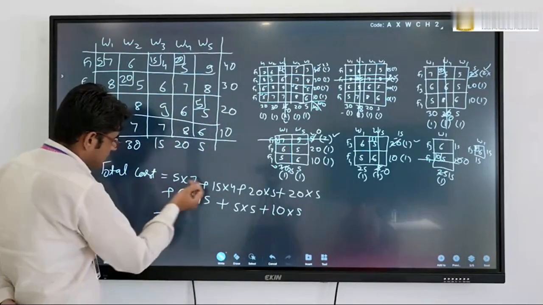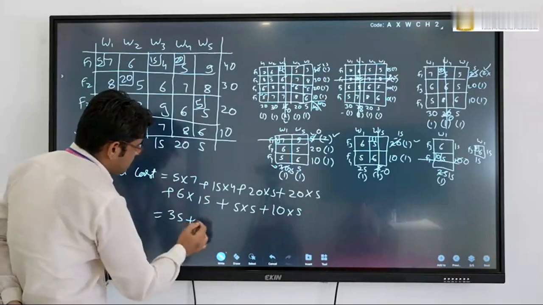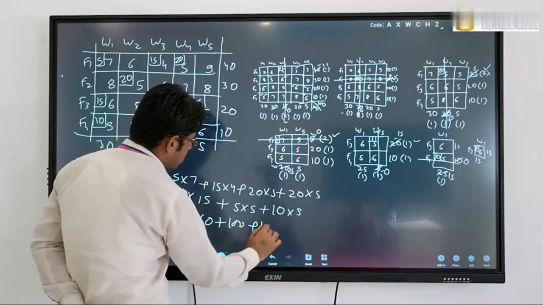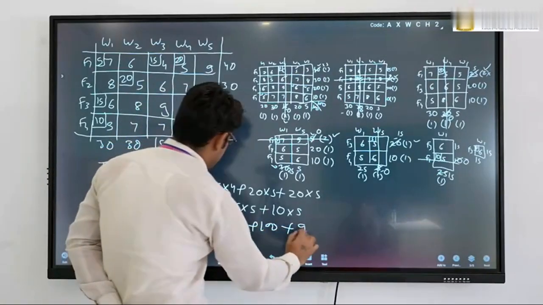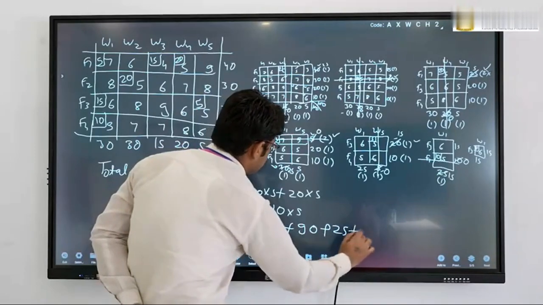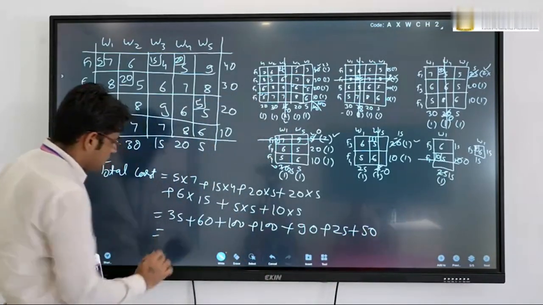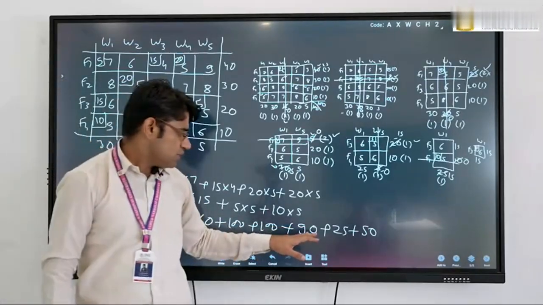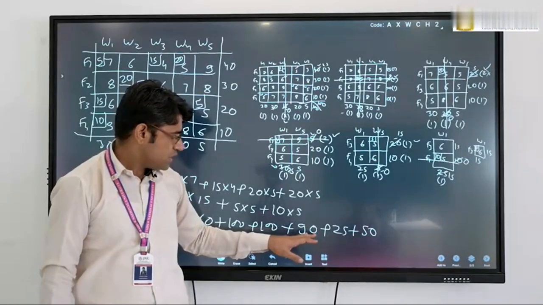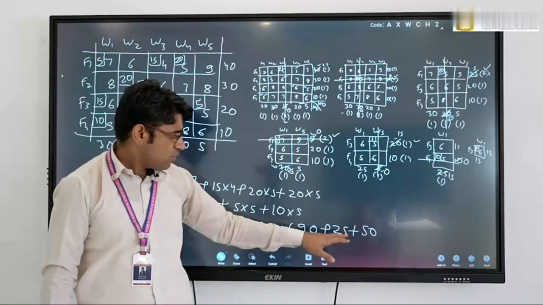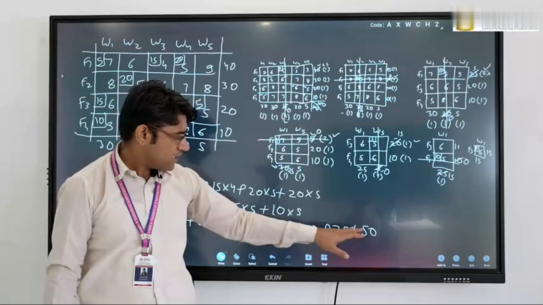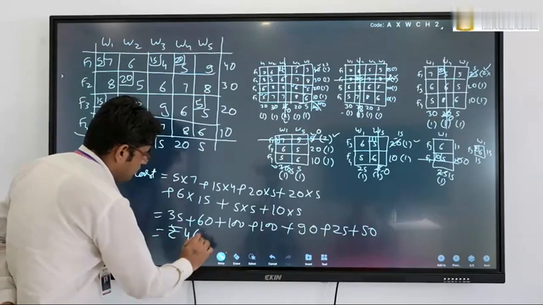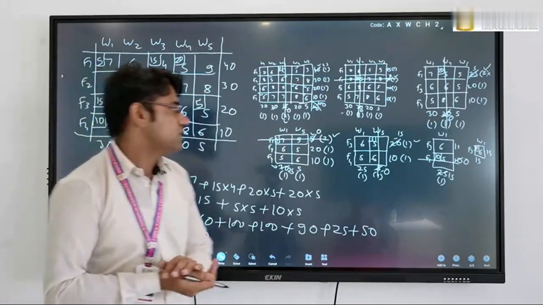So 5 sevens are 35 plus 15 fours are 60 plus 100 plus 90 plus 25 plus 50. So 35 plus 60 is 95, 195, 295, 385, 410 and 460. So total cost is 460.